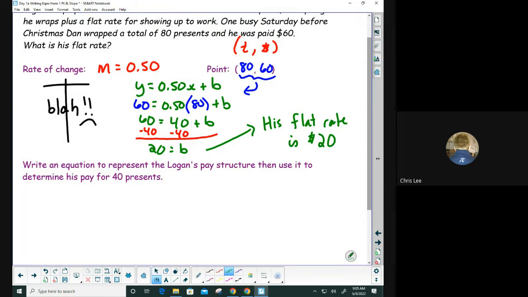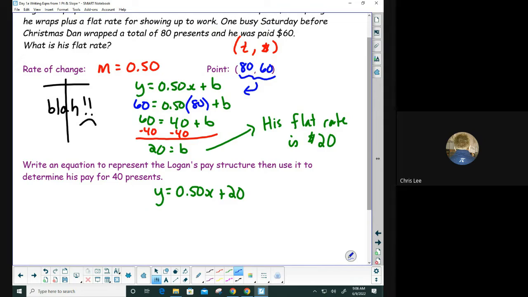Okay, next. Use the equation to determine his pay for 40 presents. Y equals 0.50x plus 20. Is 40 presents the X or the Y?